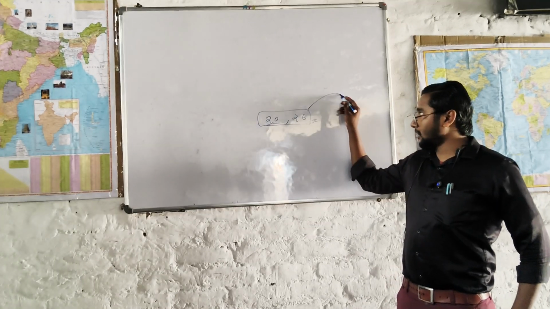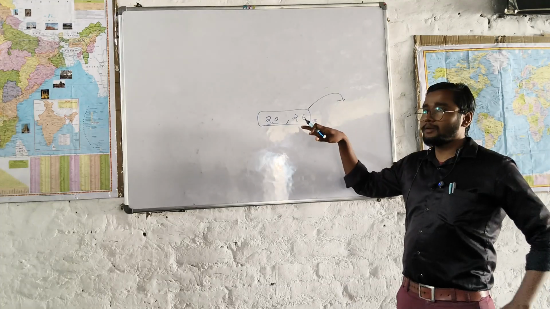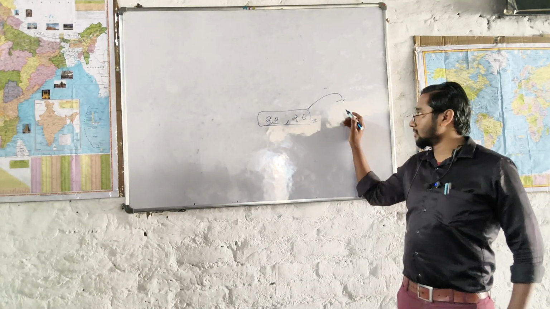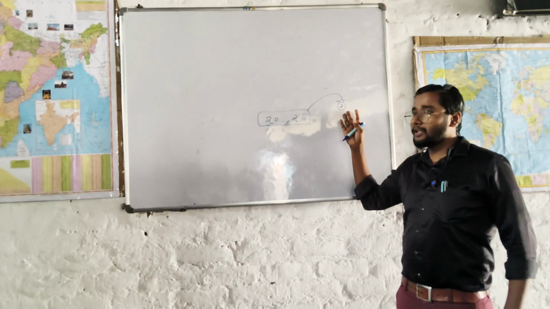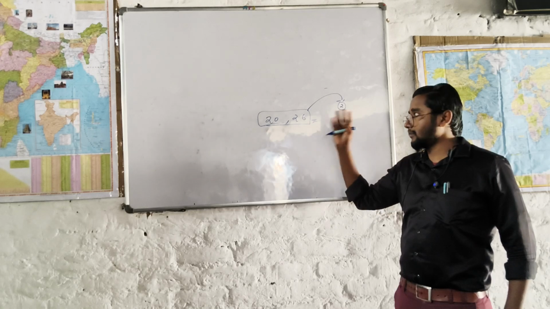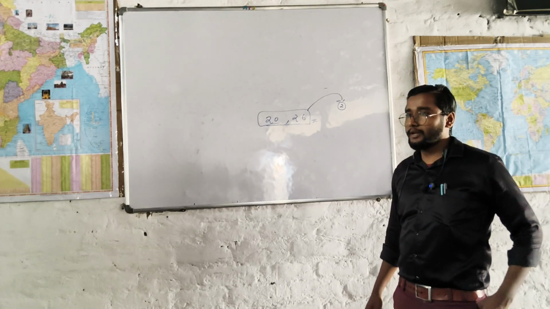Now I'm just telling you, find out the greatest number that will divide 20 and 26, leaving remainder 2 in each case. In each case it means 2 is the remainder in 20 as well as 2 is the remainder in 26, right?